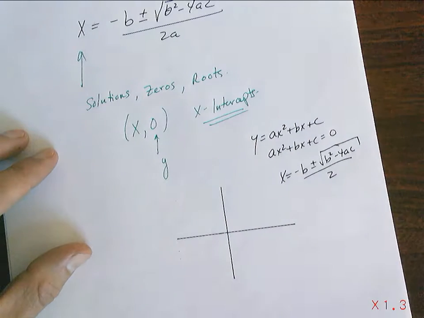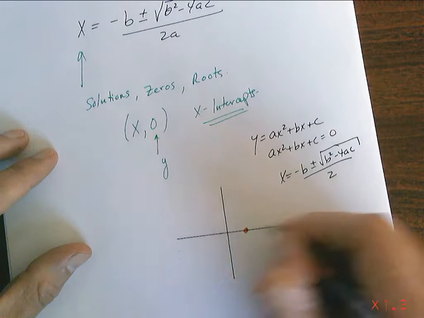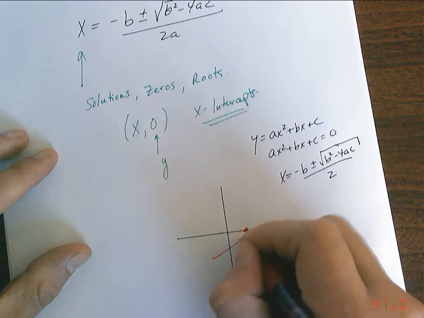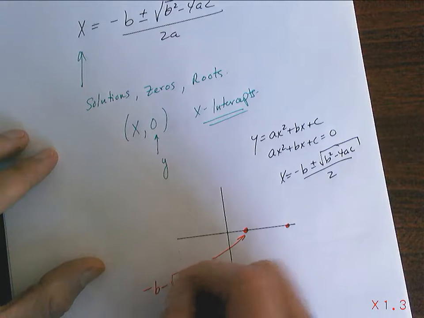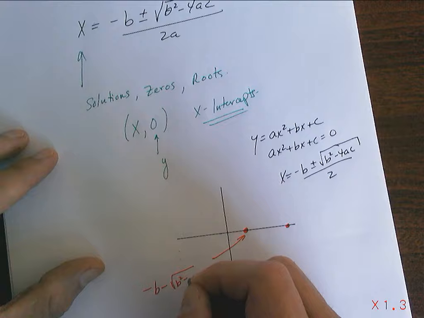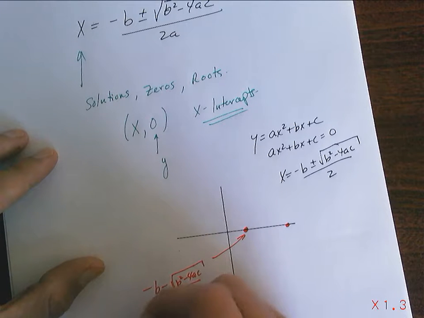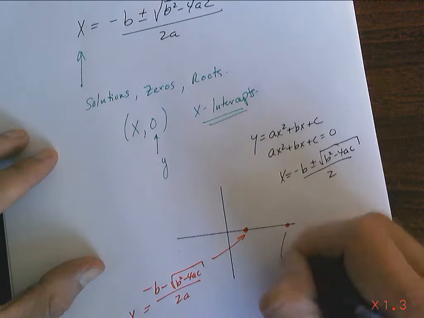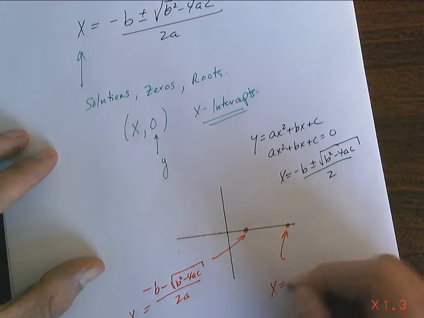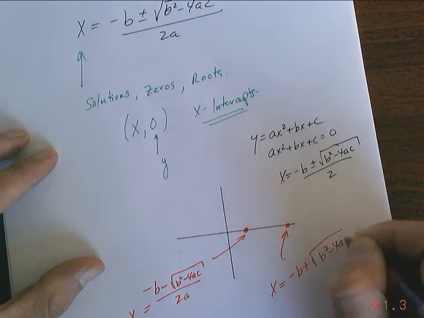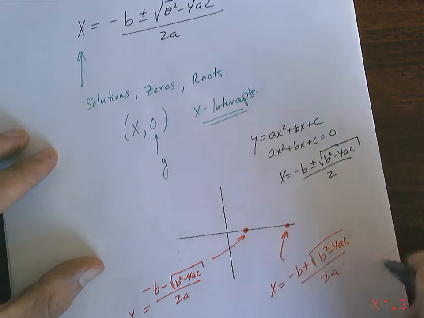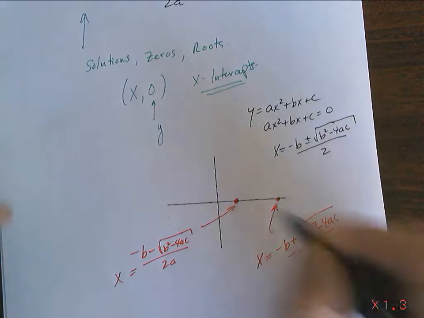And those two values of x, ladies and gentlemen, are going to show up here, where one of them will be minus b minus the square root of b squared minus 4ac over top of 2a. That'll be the one x value. And the other x value is going to be minus b plus the square root of b squared minus 4ac over 2a. Those are the x values.